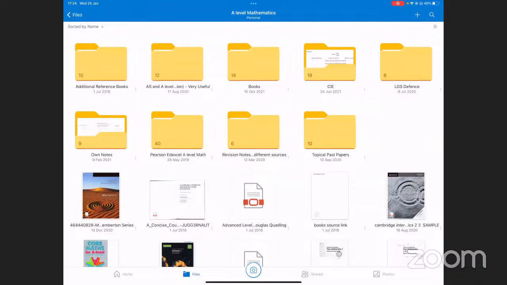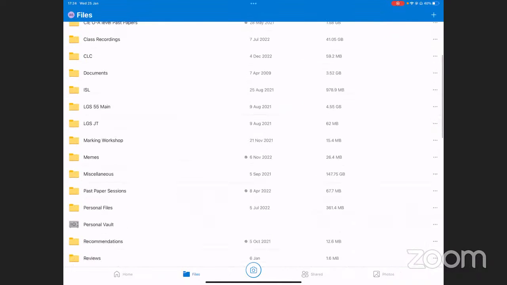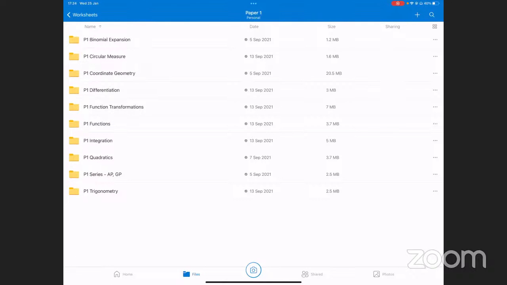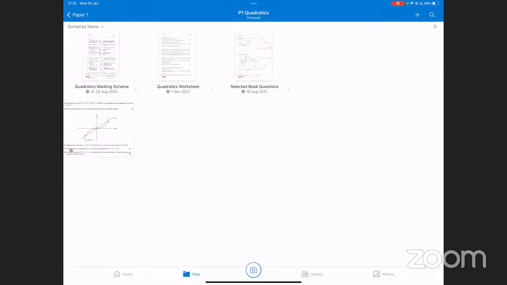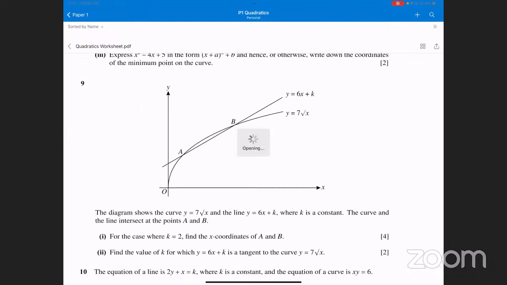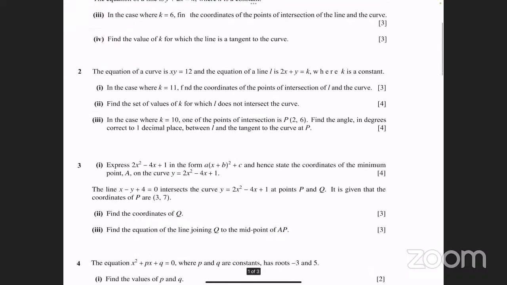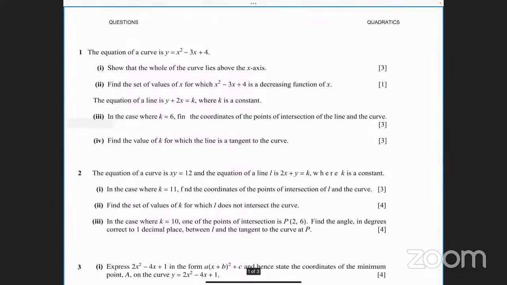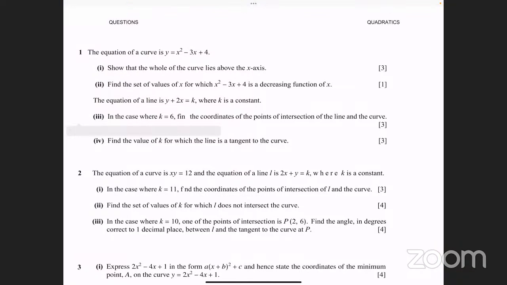Let me just take a question from the quadratics worksheet. I'll start uploading the worksheets now, because now you will be able to do some questions from the worksheet at least, more so after tomorrow's class when we discuss the discriminant. But for now as well, we can at least do an example where we have to complete the square.